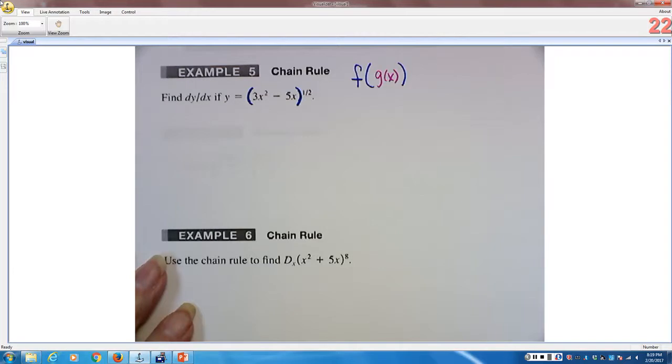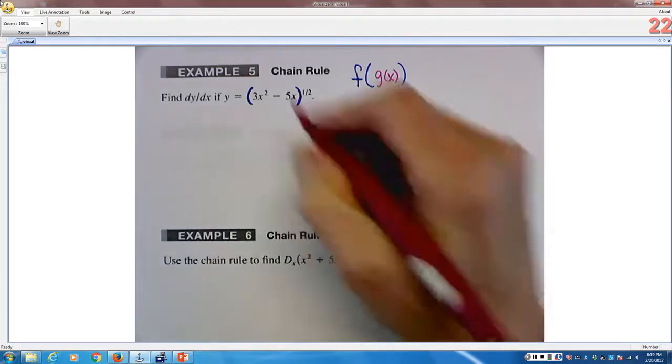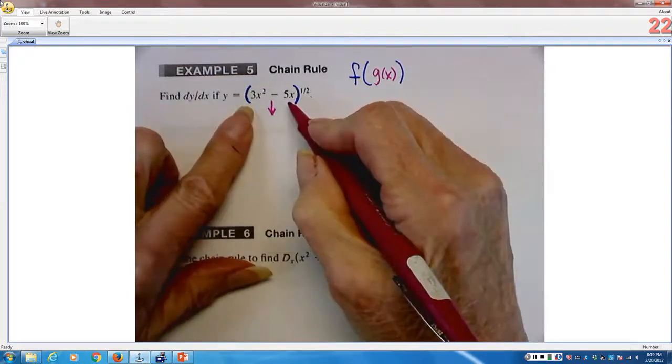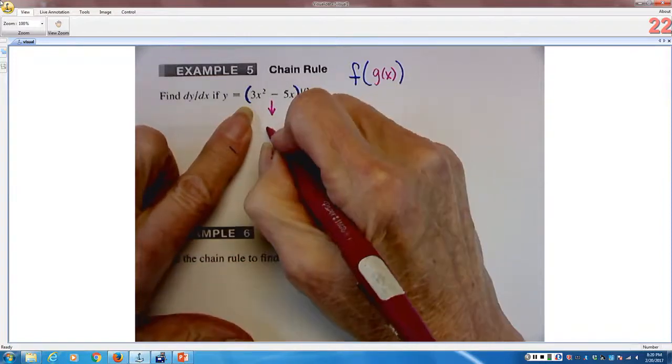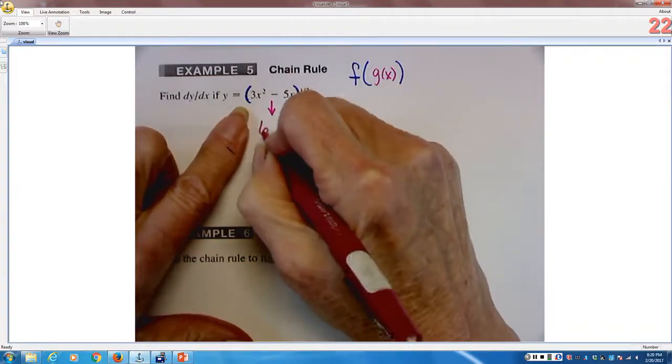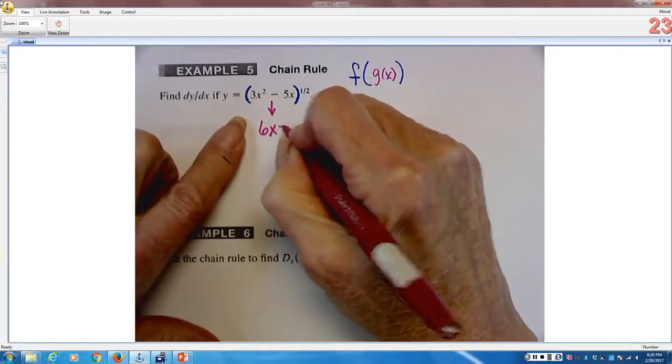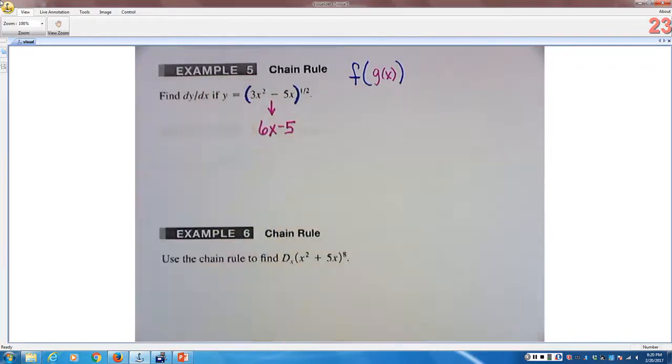Right? It's the outside. g of x is the inside. If you take the derivative of the inside, the derivative of the inside is 2 times 3 is 6x minus 5. Okay?